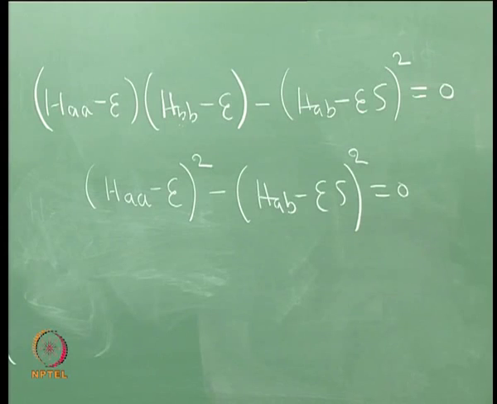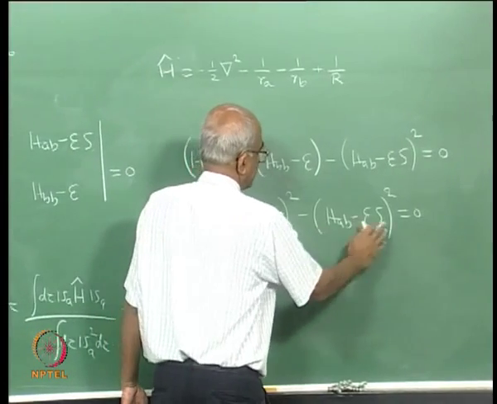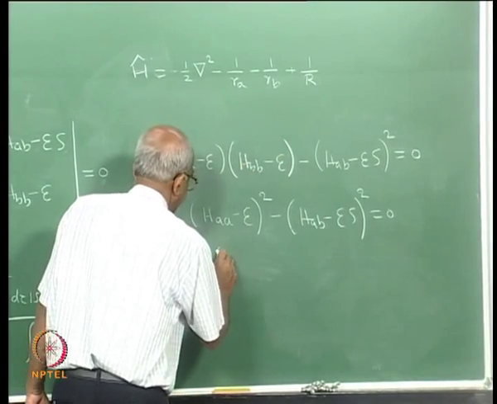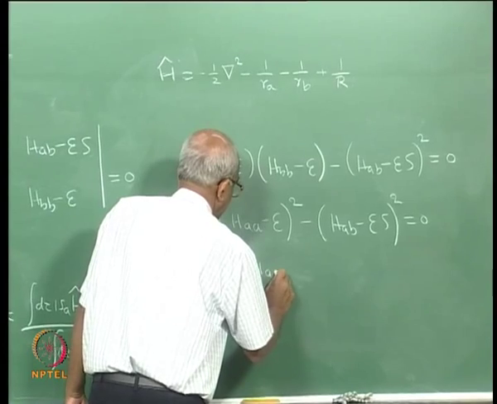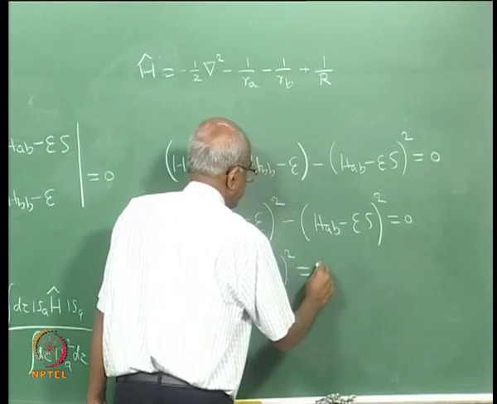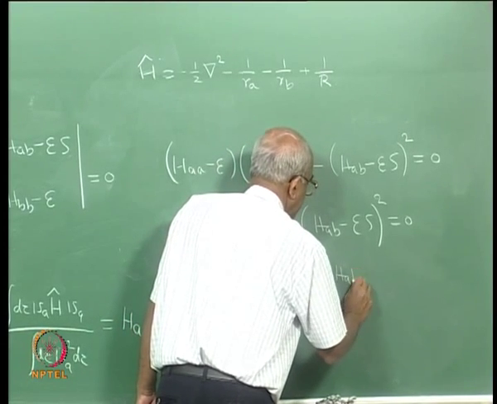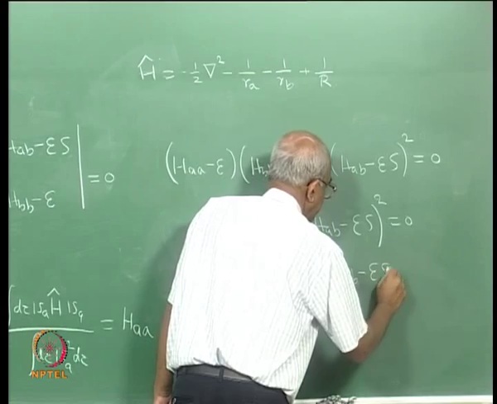Now, this is a quadratic equation, but this is a particularly simple quadratic equation, because what I can do is take this term to the other side and write this equation as (HAA minus script E) the whole square is equal to (HAB minus script E into S) the whole square.